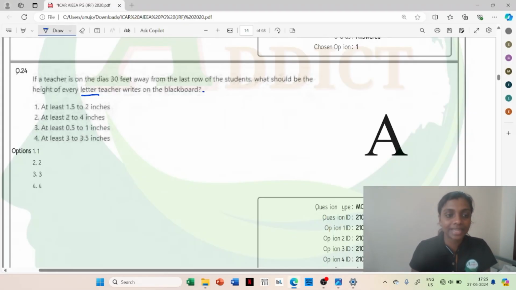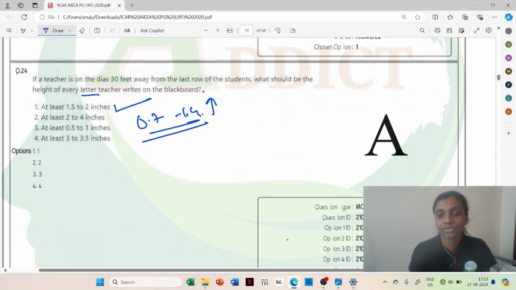In the answer they have given 0.7 to 1.4, but this is the minimum letter height, so the letter height should be above that. Okay, so the nearest above answer is 1.5 to 2 inches. So the answer is A.